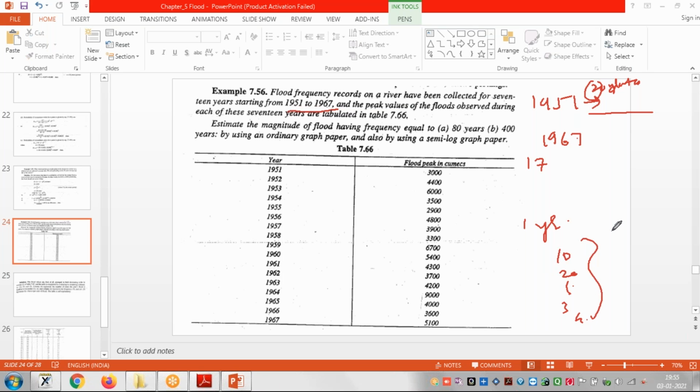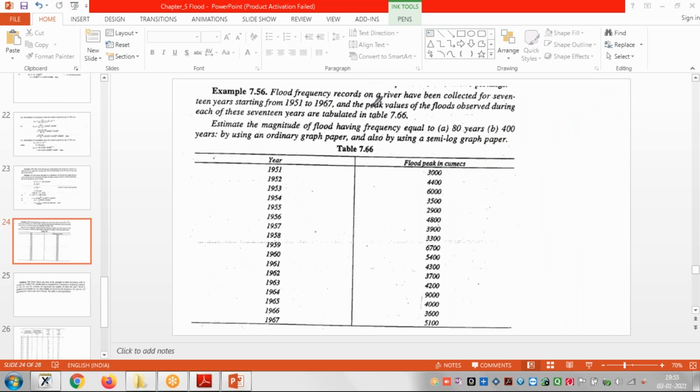So out of this data, there will be one big data, for example, this 20. So that 20 represents the highest data of 1951. Similarly, for 1952, there may be a number of data, but the highest data is given, right? So for every year, the highest data of peak flood is given. So that is almost 17 years of data.